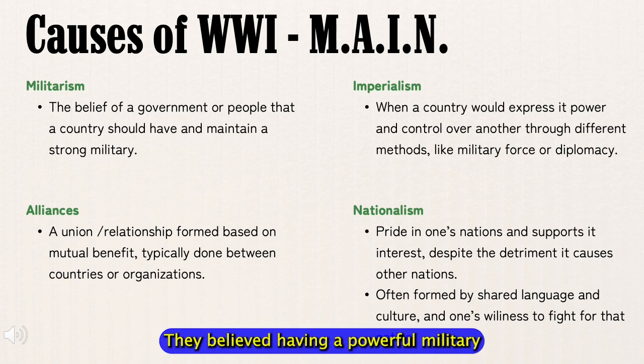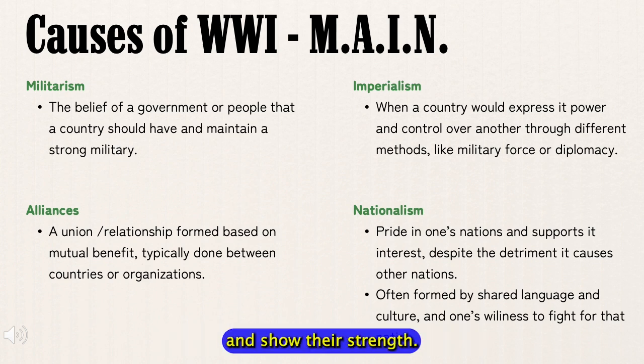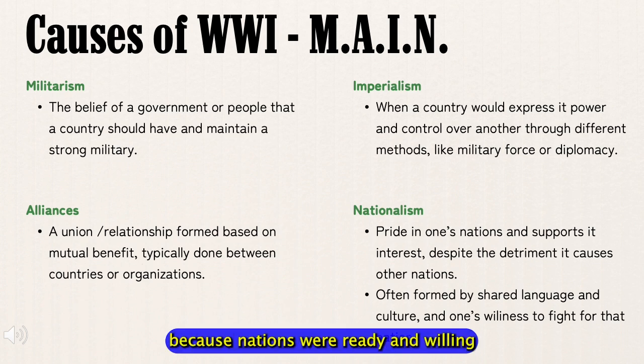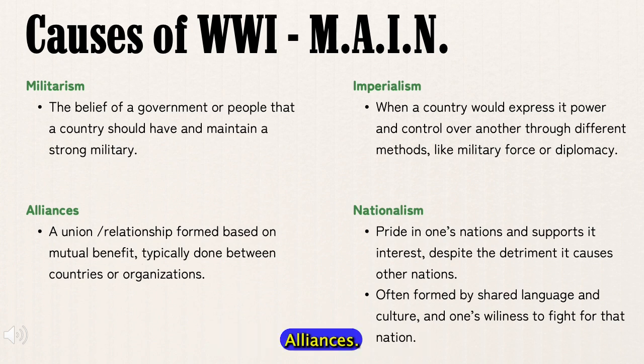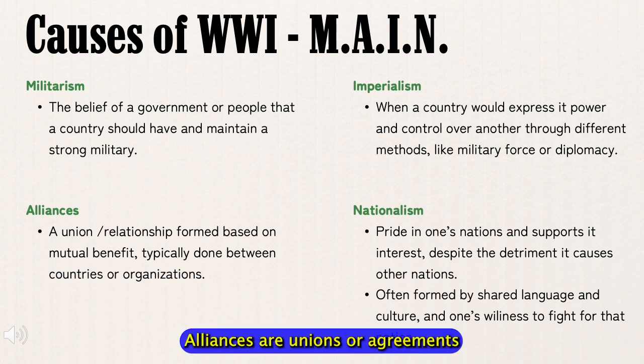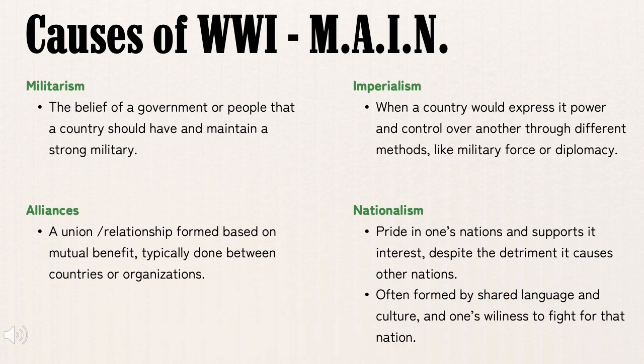They believed having a powerful military would protect them and show their strength. This arms race created tension and made war more likely because nations were ready and willing to use their military forces.